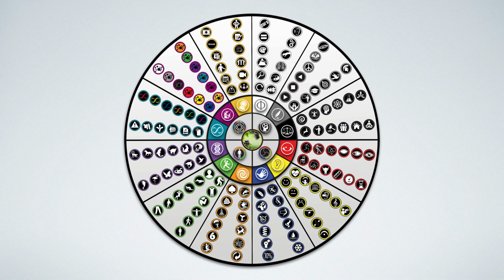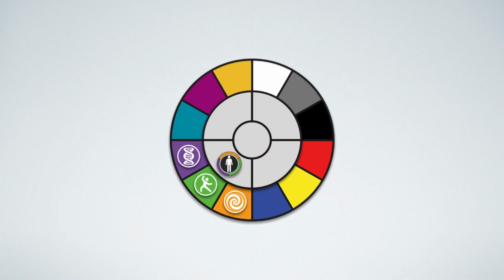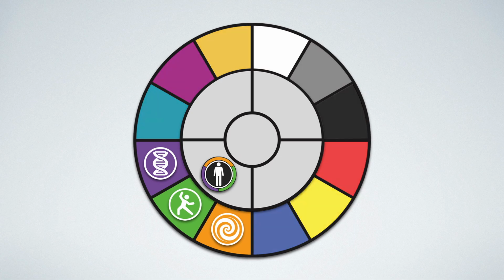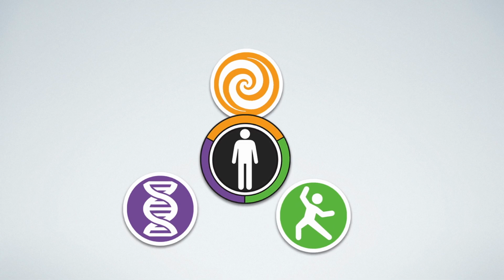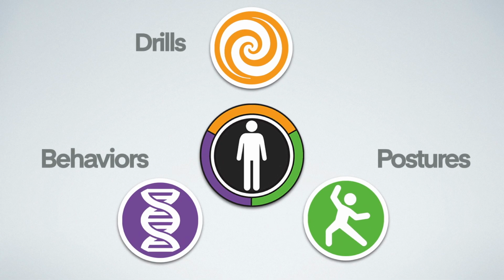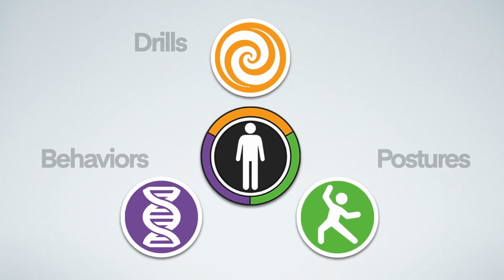Each section glyph contains 3 colors, connects to its own corresponding course glyph of the same color. In this specific section glyph called body, we have drills, postures, and behavior associated to it.